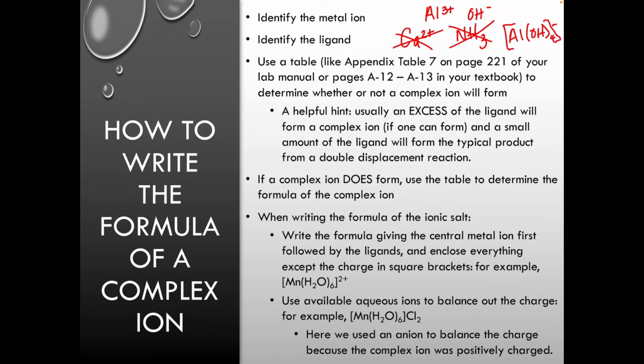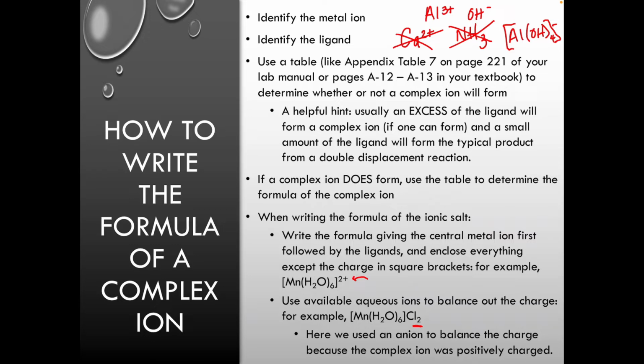But your metal and your ligands will go inside the brackets, and then the charge will go on the outside of the brackets. And then you'll have some other ions in solution, and you're going to use those ions to balance out the charge. So in this particular example, I had some chlorines floating around, and this is a 2+. So I'm going to add on 2 chlorines because each one of those has a negative charge, in order to balance out the charge of my complex ion, okay?